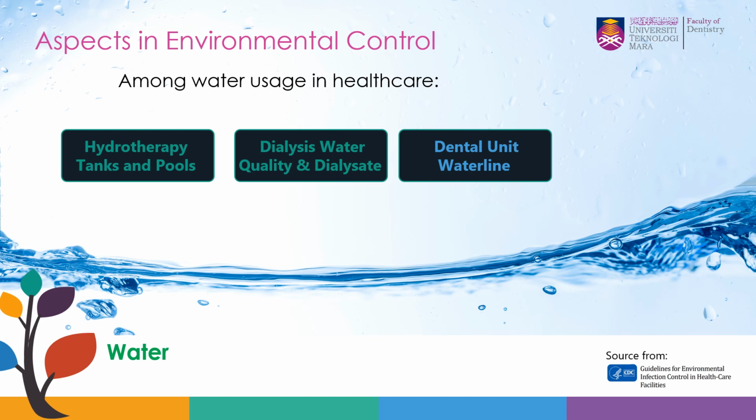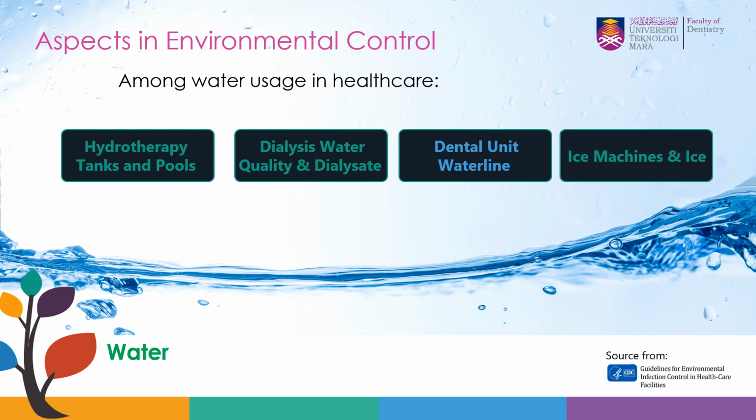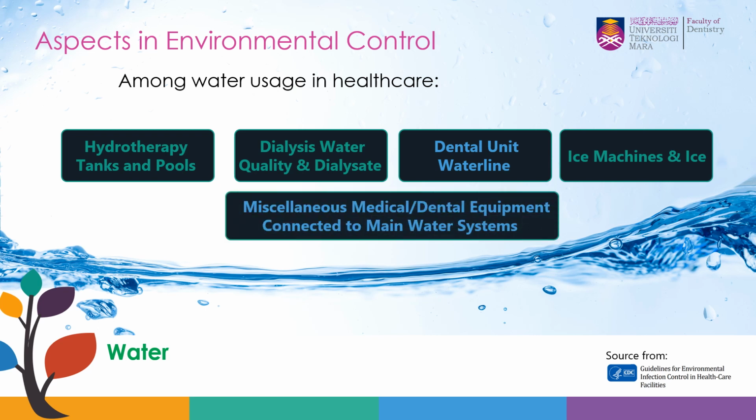They have dental unit water lines, which are related to us, ice machines and ice itself, and miscellaneous medical and dental equipment connected to the main water system, which is most likely our dental unit water line as well, and also the water we use for the handpieces and scalers.